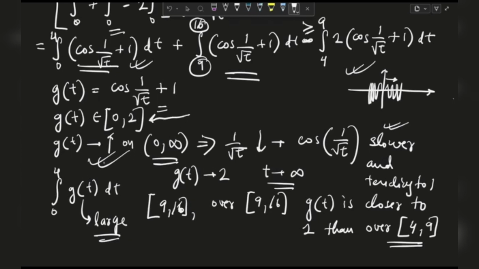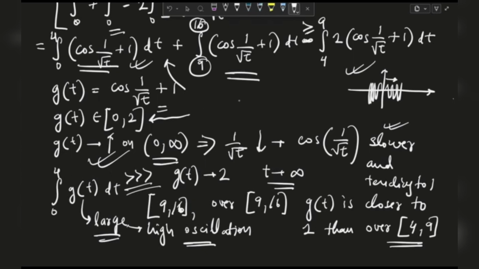So by the time it reaches 4, oscillation will become very high. The oscillations will become so high that this thing will be positive, obviously, but also very, very large. That's a pretty clear indication to prove this fact.